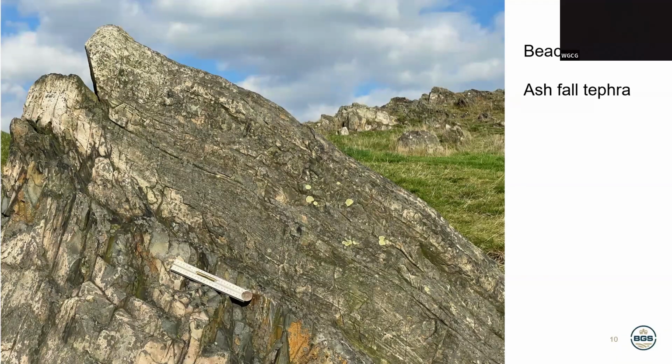And then the part of the Charnian that most people are familiar with are these very fine grain rocks, so-called hornstones or dust tuffs, for example, on Beacon Hill and so on in Charnwood. These represent fine grain ash that's been blasted up into the atmosphere from these volcanoes and then deposited within the sedimentary sequence.